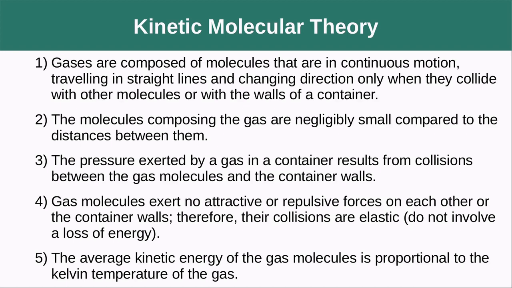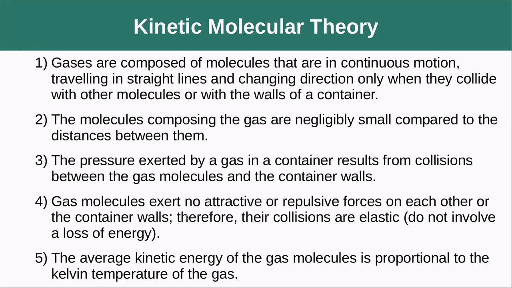So this theory goes a little bit further to explain what we saw with the ideal gas law, but you notice that we're still only allowing for straight lines that do not change, so they can't have any curved trajectories. The molecules have to be relatively small, so we still need a dilute gas with higher temperatures and lower pressures.